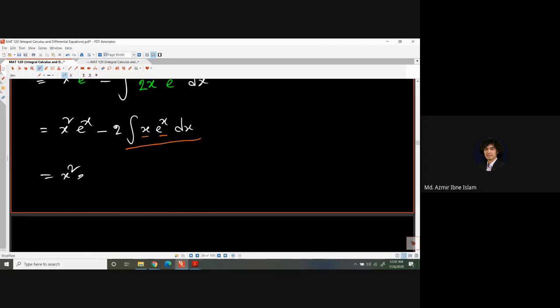So x squared e to the power x, negative 2. Again we can recall the LIATE method. So x is an algebraic function, and e to the power x is an exponential function. So for this u will be x and v will be e to the power x.